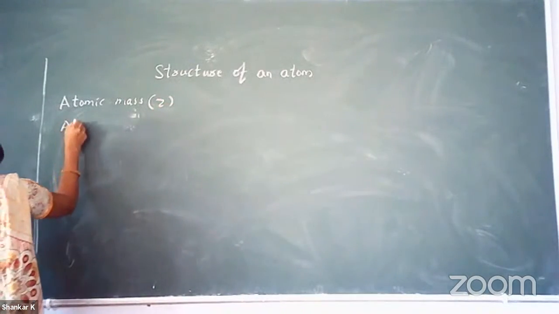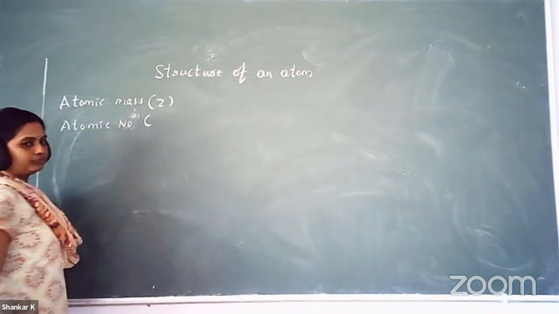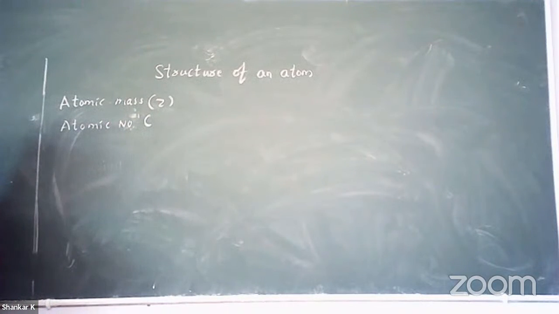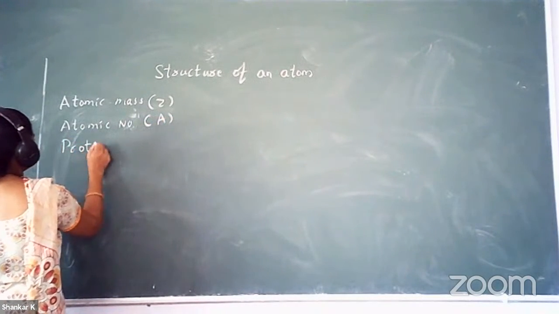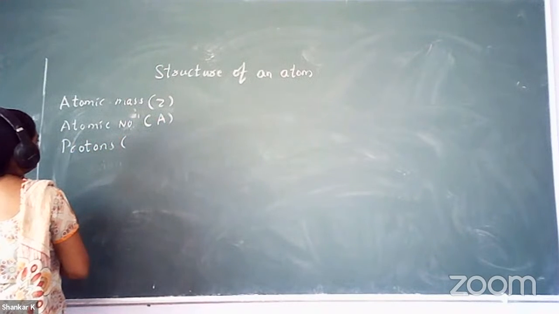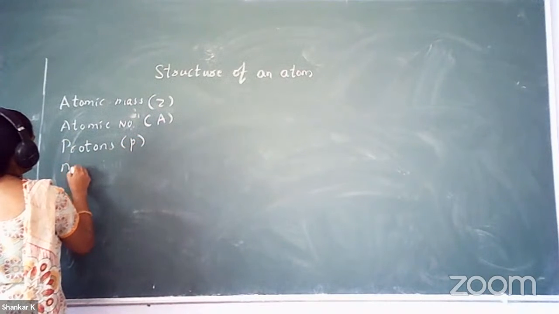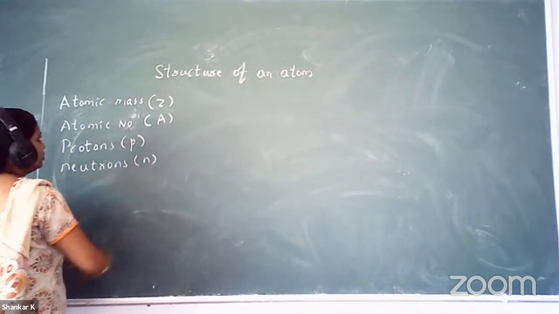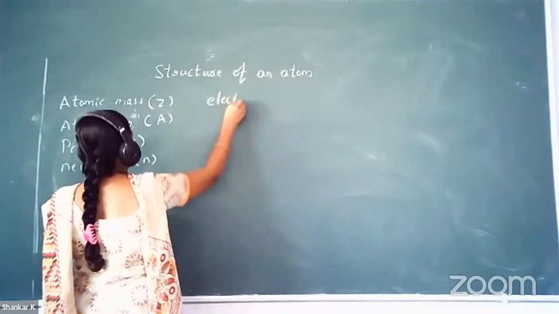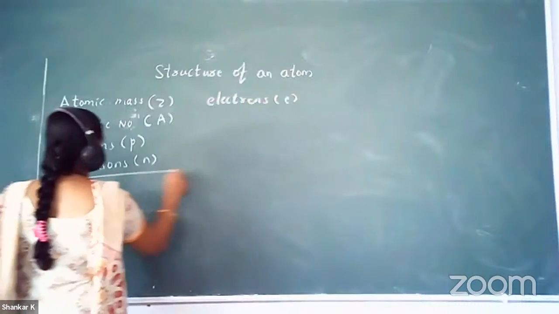And atomic number by A? Protons by small p, neutrons by small n, and electrons by e.